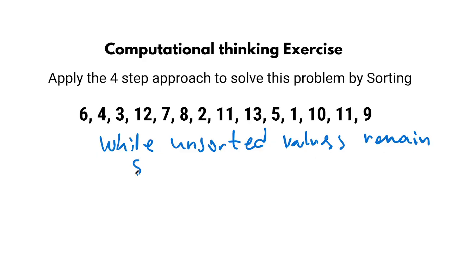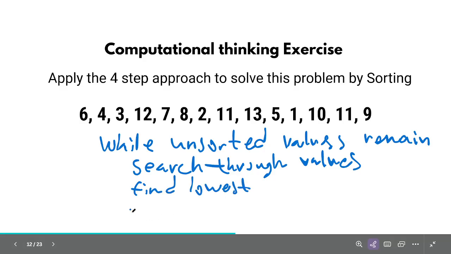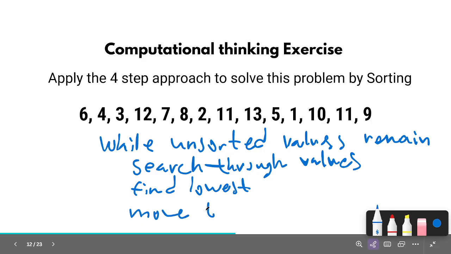And inside that while loop, first step, search through the values, exactly what we talked about earlier, abstraction. Second step, find lowest. Third step, move to sorted.